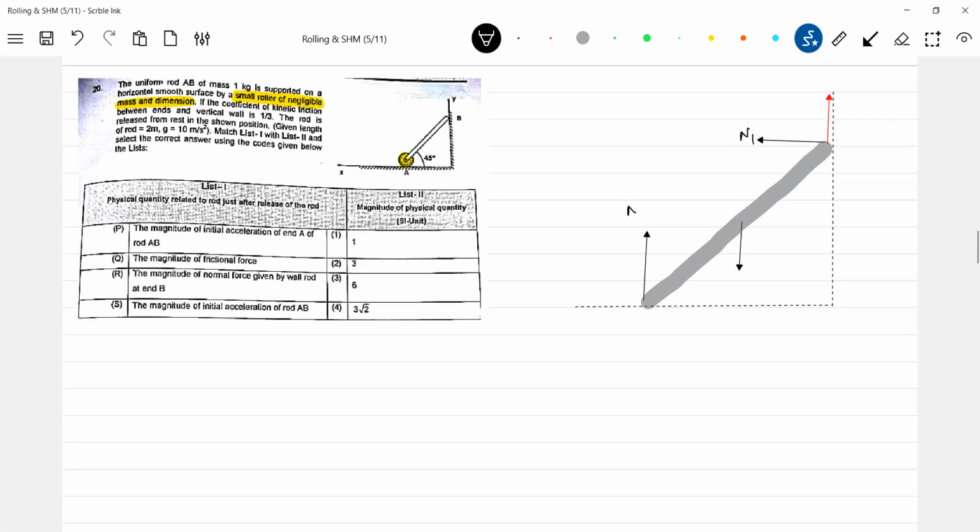So this is N1, normal contact N2, and there's a friction, mu N1, I'll write it, or F1. Okay, so now we have friction, normal contact like this.